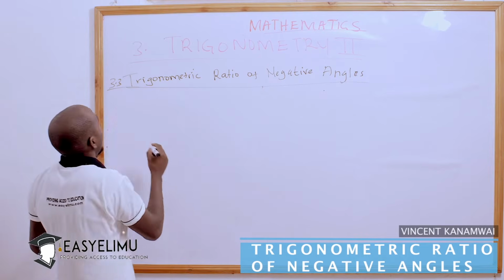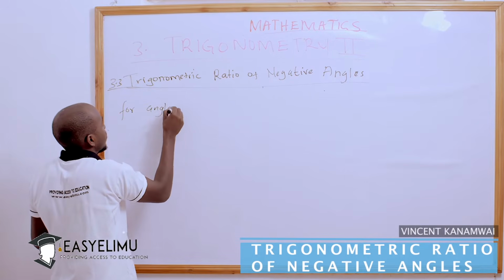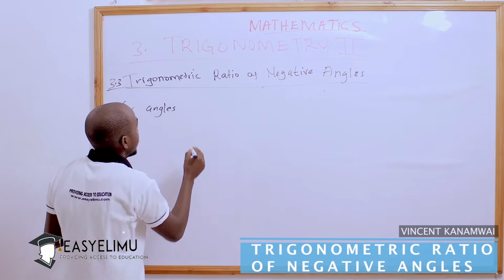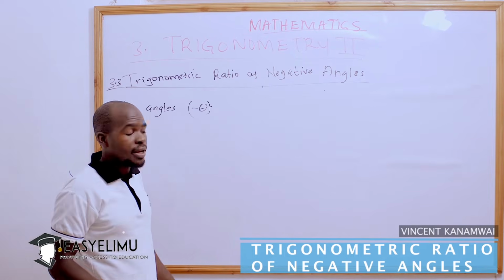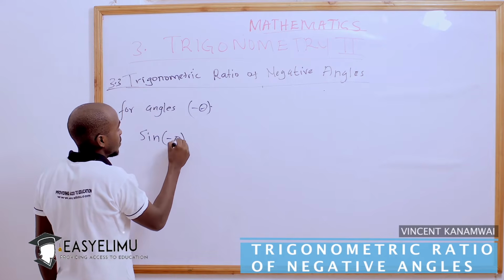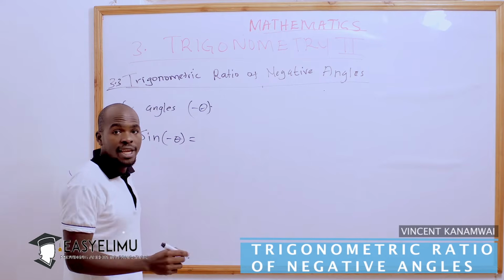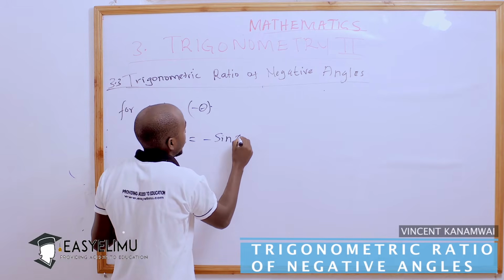Generally, for angles like negative theta, if you find sine of negative theta, you will get negative sine of that angle.